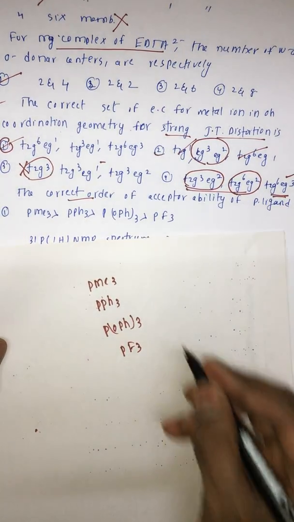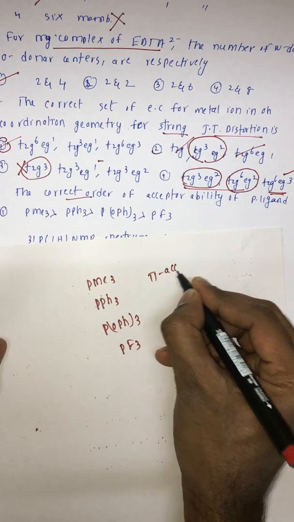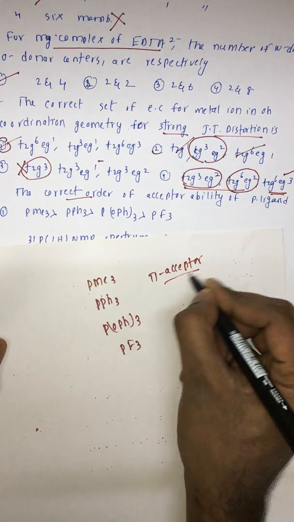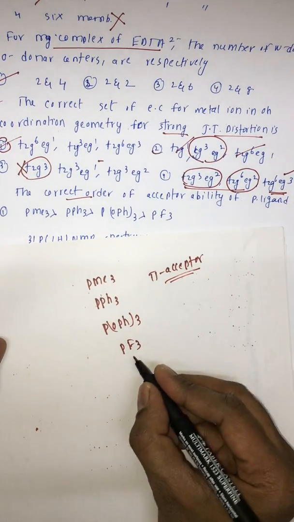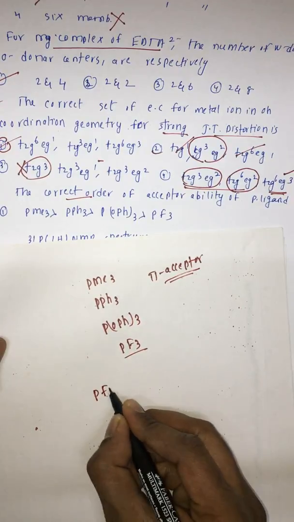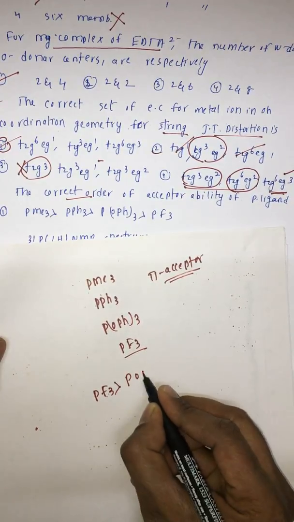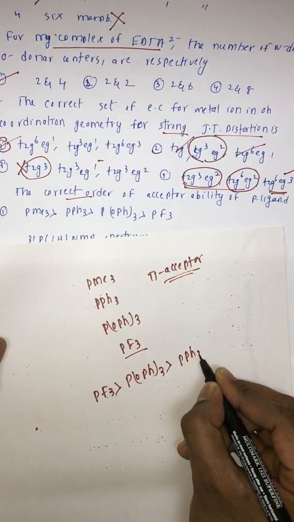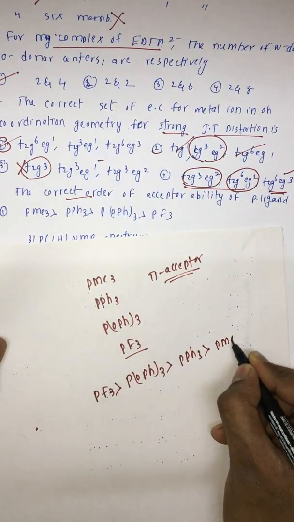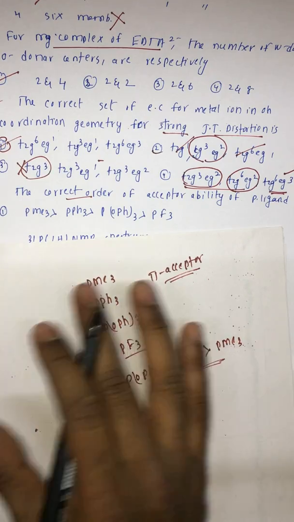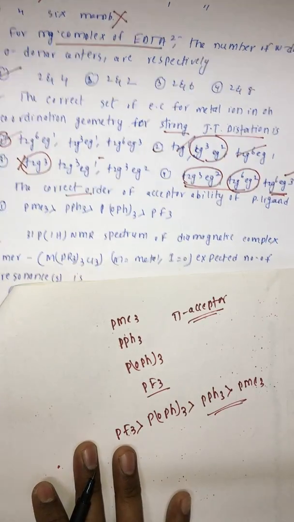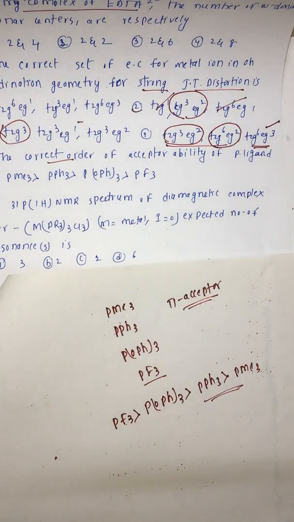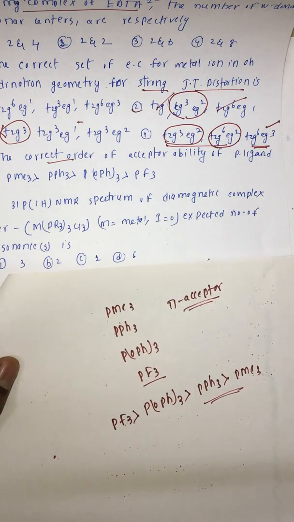Accepting ability means pi acceptor, so indirectly it is asking about pi accepting capacity. So pi accepting capacity is greatest for PF3, then P(OPh)3, then PPh3, and at last PMe3. So this is the answer. I did not write the options, but if you have the question paper you can see this answer.